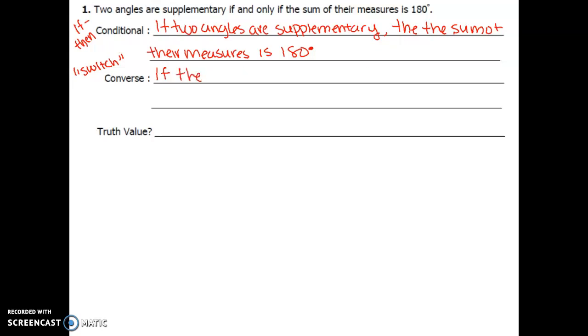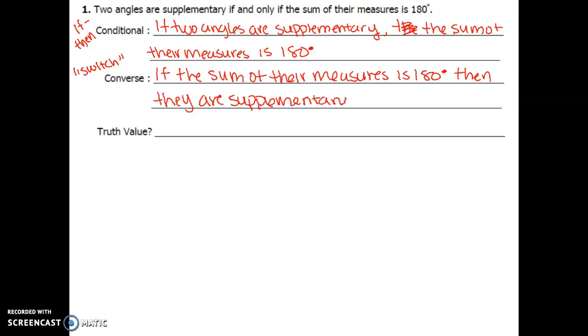So if the sum of their measures is 180 degrees, then, and after my then I write my hypothesis of my conditional. So here we would say then they are supplementary. Very easy. Conditional, if and then, converse, we switch.